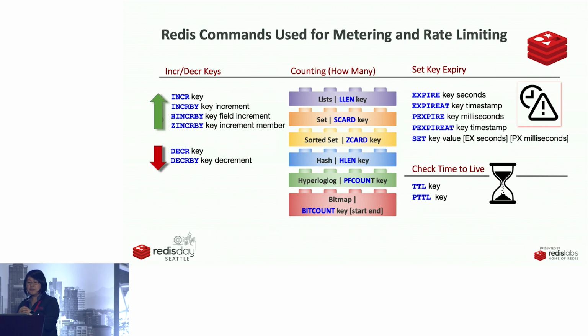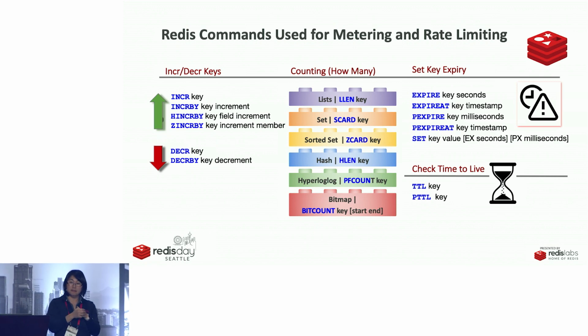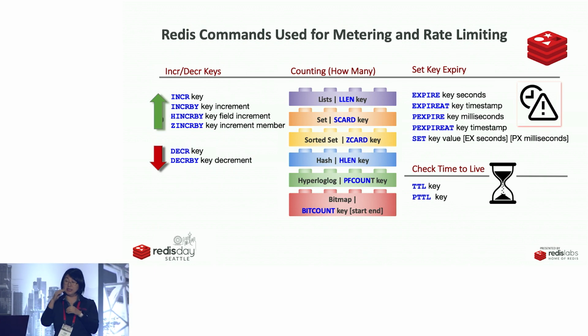And then the last one is setting the expiry. You can expire a key by a number of seconds. When you create a string, you could actually set the creation of the string based on its existence, and also define an expiry all within the same command.